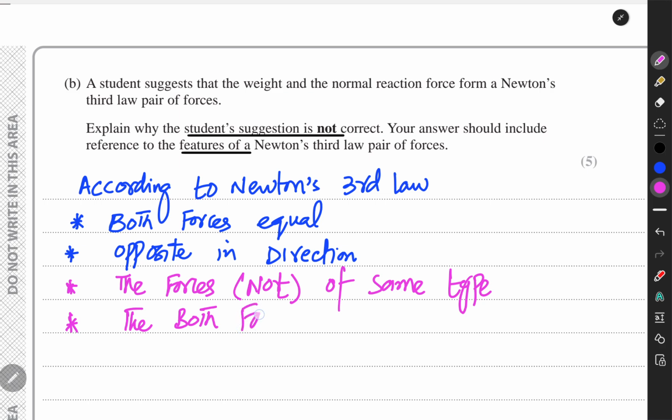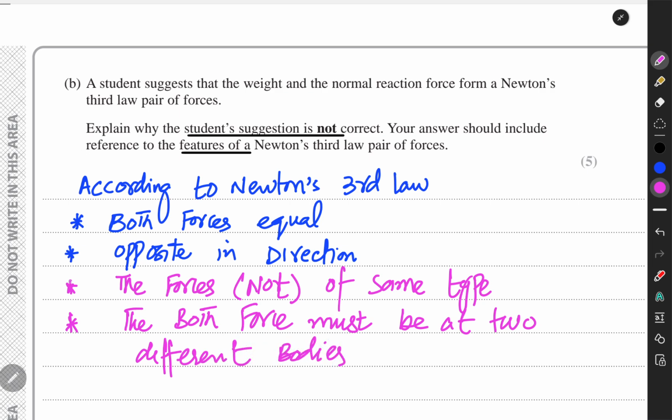So the tests are not qualified, which means they are not following Newton's third law of motion, or Newton's third law is not applicable here.